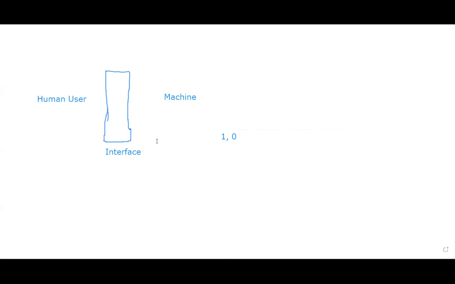And at the end of the day, what the interface is trying to do is translate this human user's requirement to what? To a machine-readable format. That is what it does.